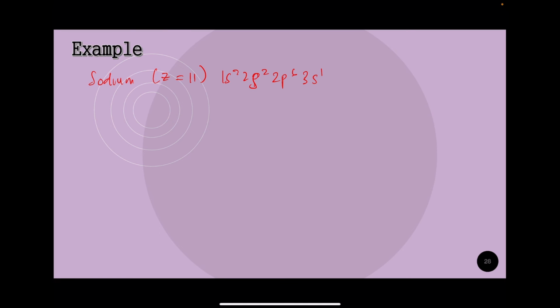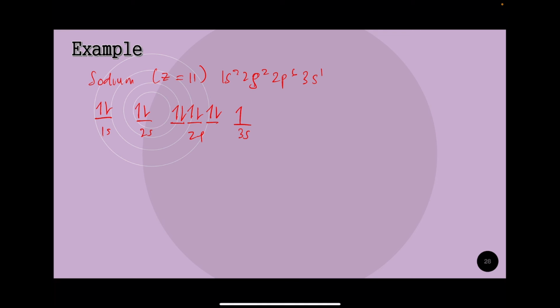Now we draw the orbital diagram. I just use the line: 1s, 2s, 2p and 3s. We start by filling up the 1s: 1 2 3 4 5 6 7 8 9 10 and 11. So this is how to draw the orbital diagram for sodium.